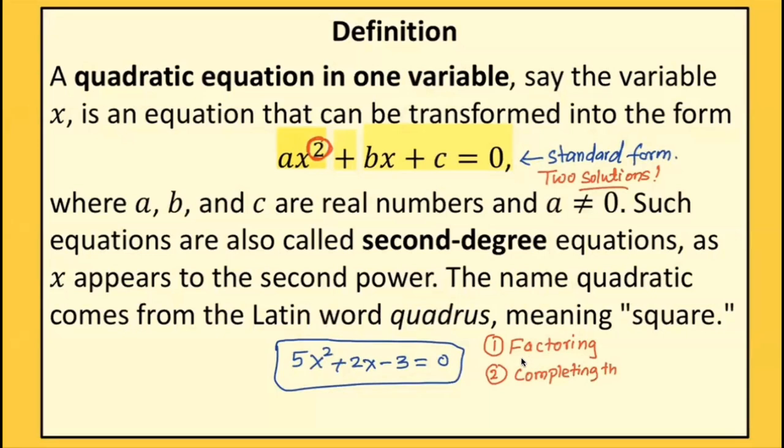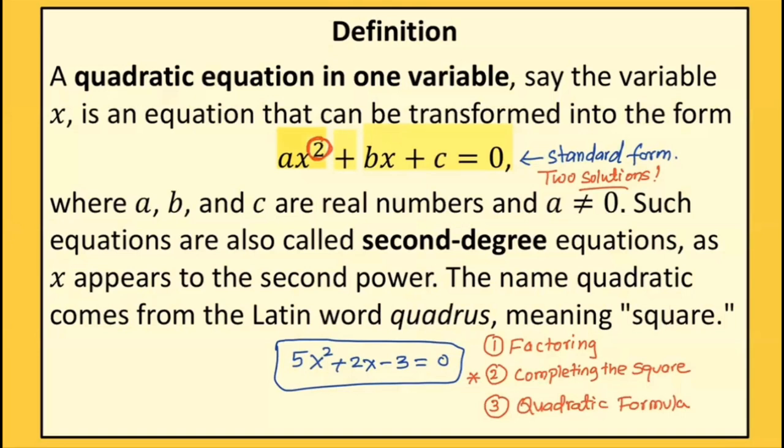This is a very, very important method for your course, because it is going to appear over and over again throughout the course, so you need to know this technique. And the third one is using the quadratic formula. There are many methods, but these are the 3 important ones that we use for solving the quadratic equation.